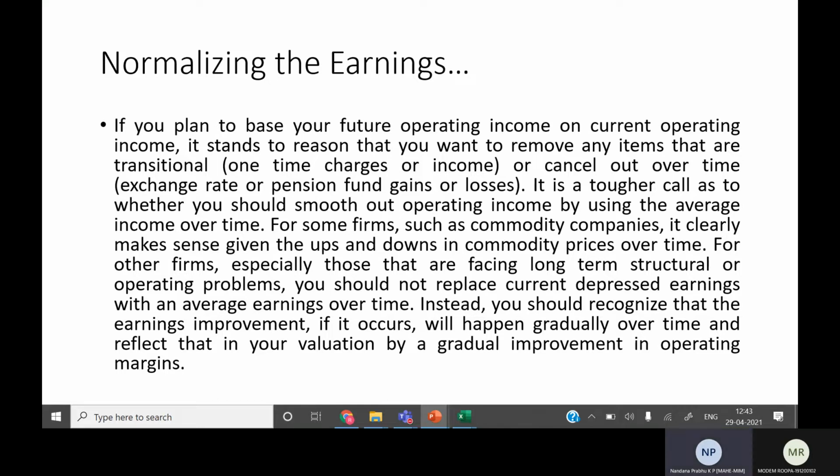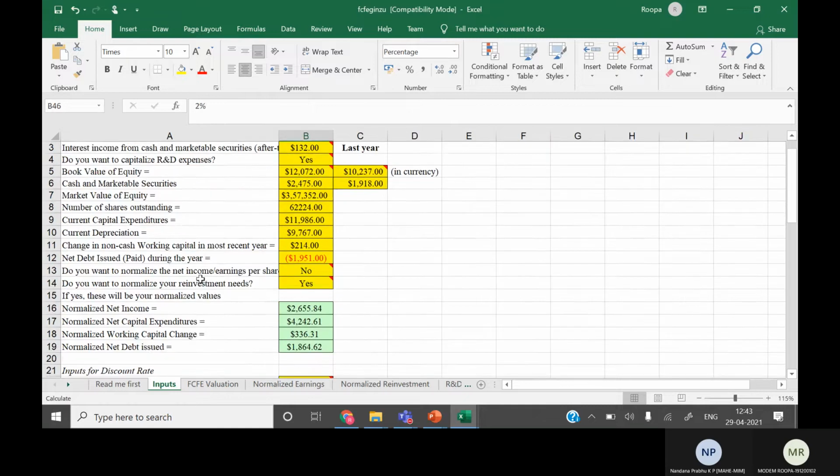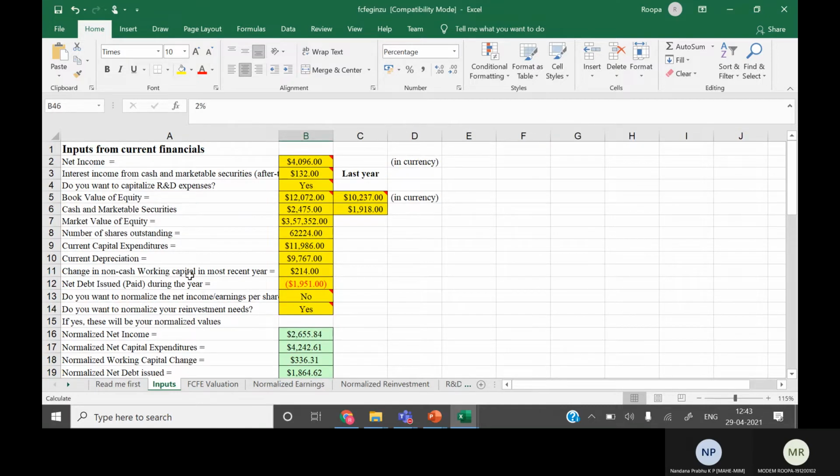How is it done by us in the valuation models? We will look at it. We shall first go to the free cash flow to equity model. Now, come to row number 13.